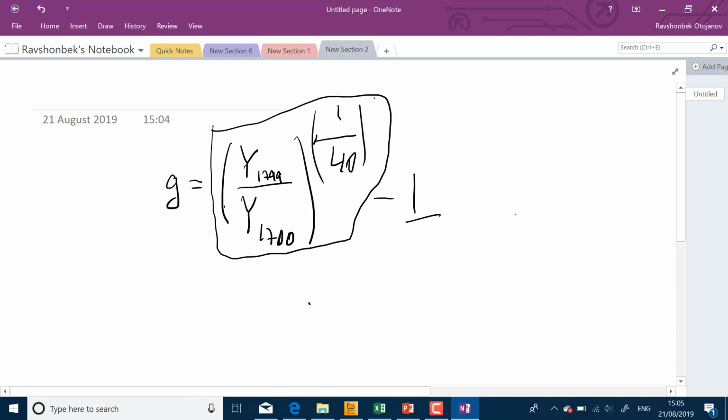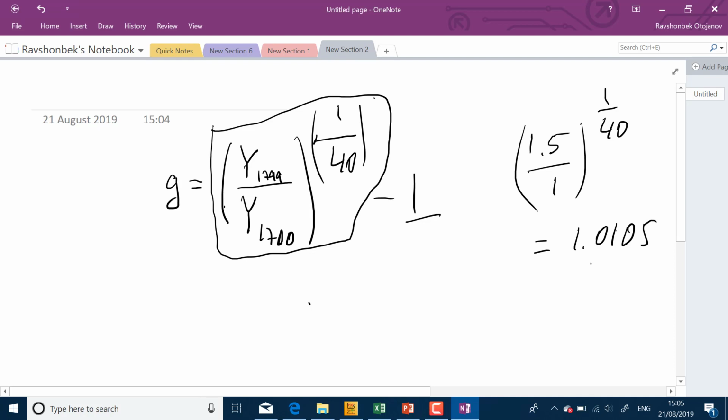So what happens is that, if you remember, this was 1.5 and this GDP here was 1, and basically this would result in something like 1.0105. So this is a factor by which income rose.